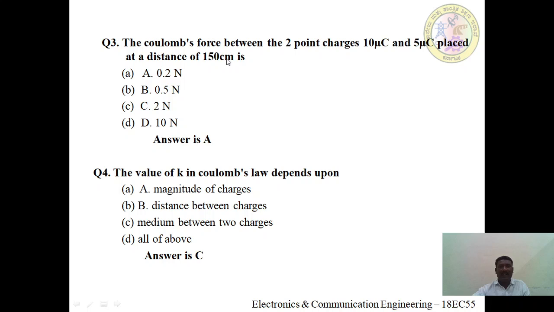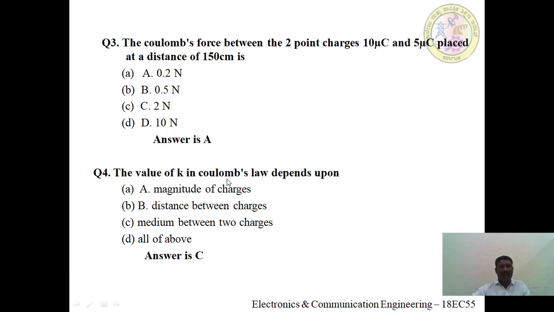Easy conversion: centimeter is converted into meters, so 150 centimeter is nothing but 1.5 meters. That is 4 pi epsilon naught into 1.5 squared, and in the numerator 10 into 5 microcoulombs. Substitute the values and you get 0.2 Newton.